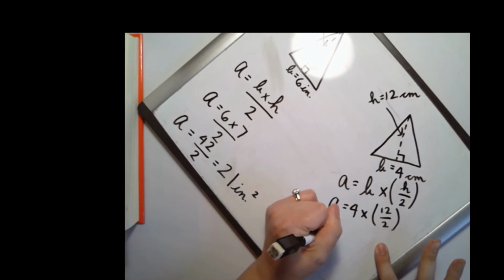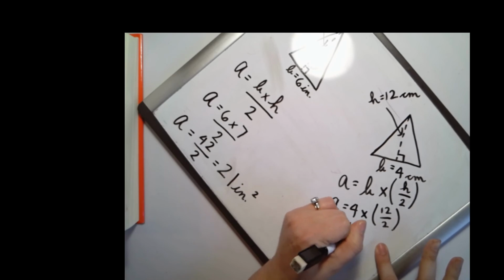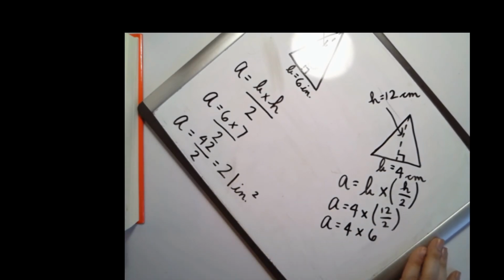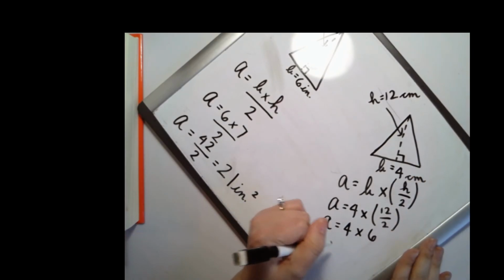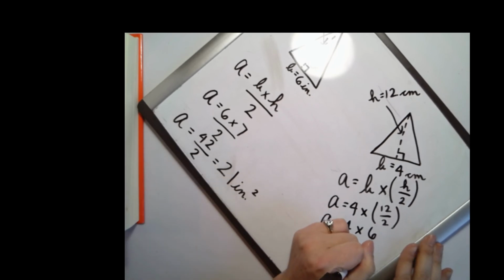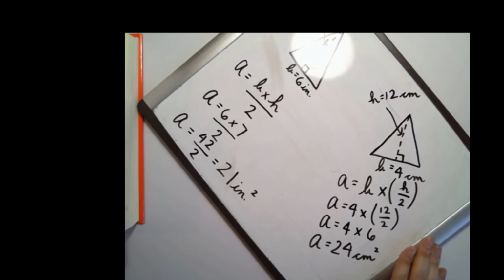So my area equals 4 times 6. So the area of this acute triangle is 24 square centimeters, or centimeters squared.